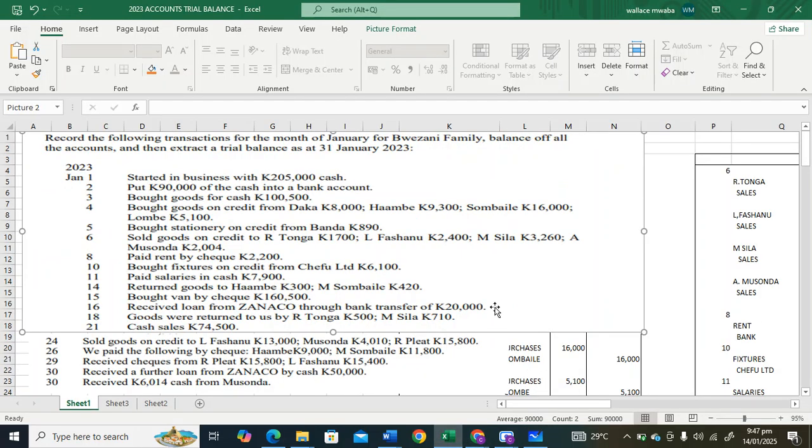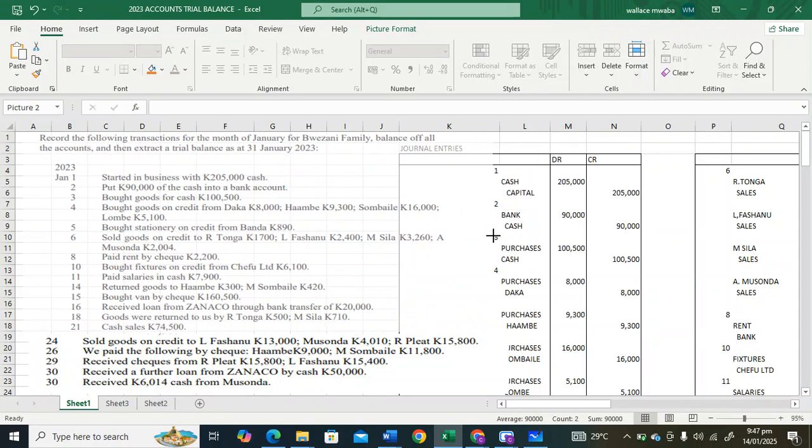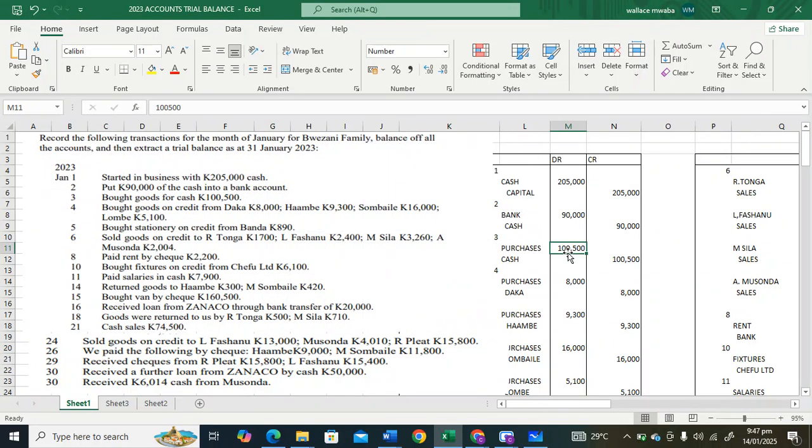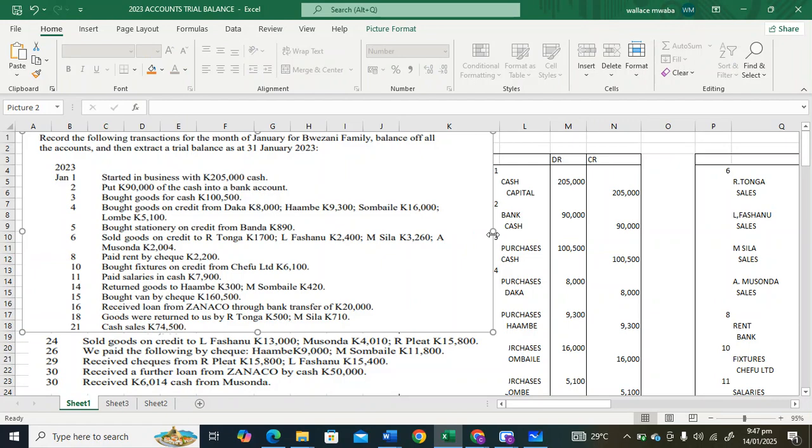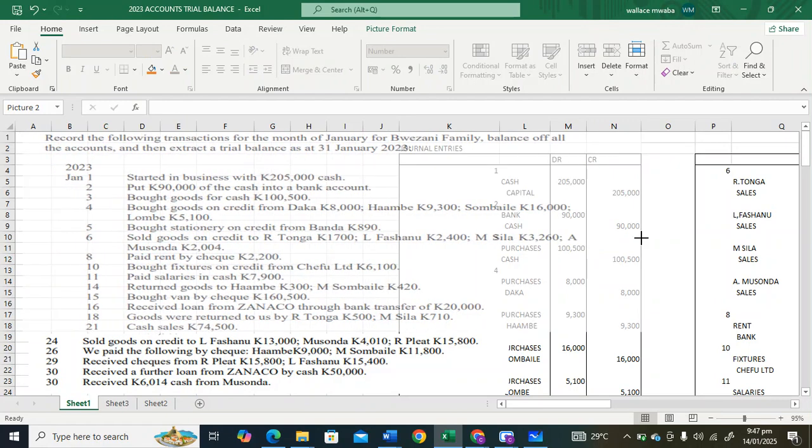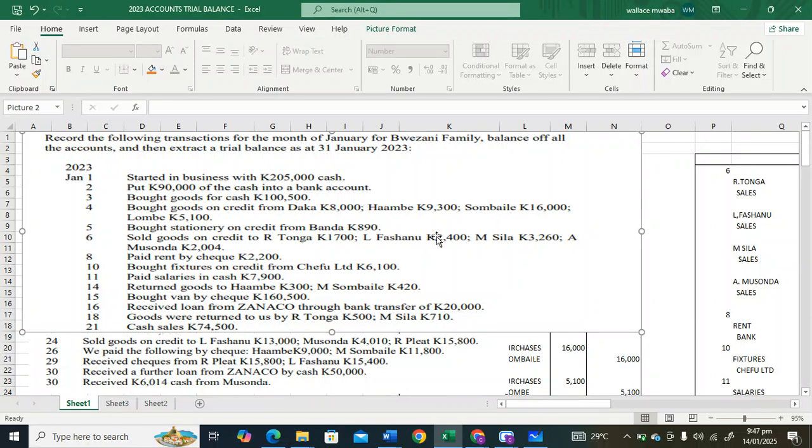So the journal entry here, you are going to debit purchases 100,500 kwacha, and you credit cash 100,500 kwacha. Any questions?